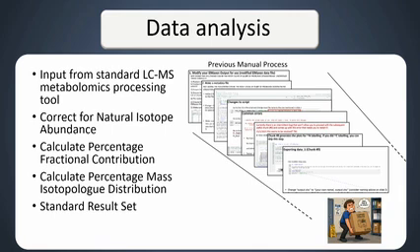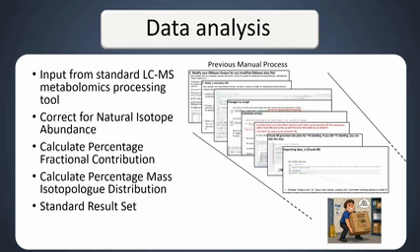Take your output from that, basically a data matrix, go to the next step of correcting for natural isotopic abundance, then go on and take that information and calculate the percentage fractional contribution, calculate the mass isotopologs, and then output it to a standard result data set. And so this is what it kind of looked like. These multiple sheets, each sheet was an individual step.